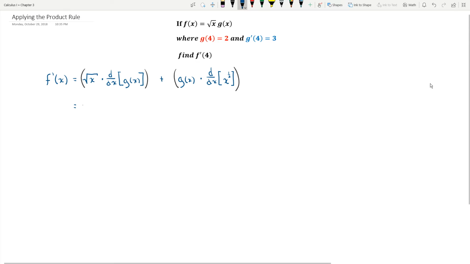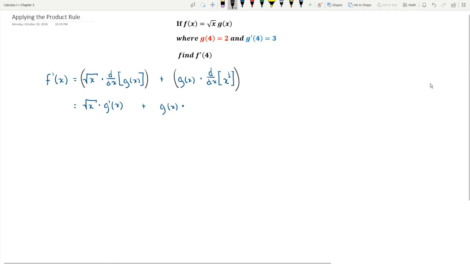So I'll bring down my square root of x times the derivative d with respect to x of g of x. There's another way that we can write that. We can write that as g prime of x. And then we are adding just the function g of x times, and here we actually get to do a derivative.